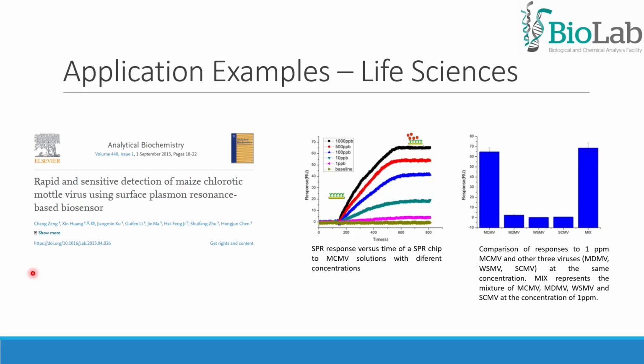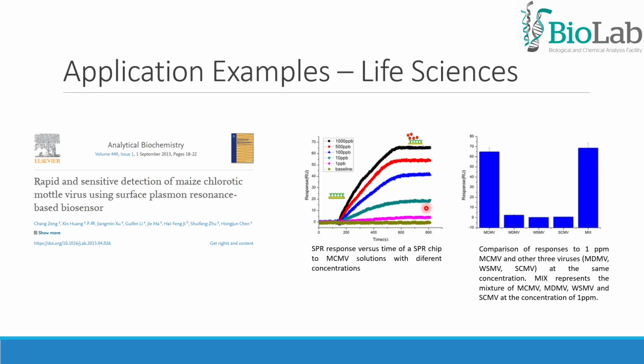In this final paper, they developed an SPR biosensor for selective detection of maize chlorotic mottle virus, MCMV. 11-mercaptoundecanoic acid was applied on a gold surface to form a self-assembled monolayer, and a layer of anti-MCMV antibody was cross-linked on the surface for specific recognition of MCMV.